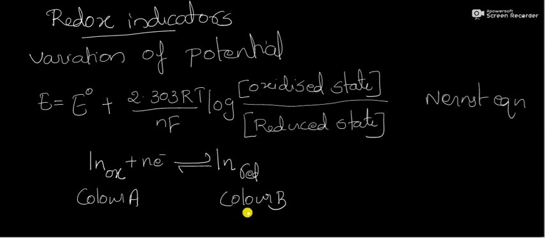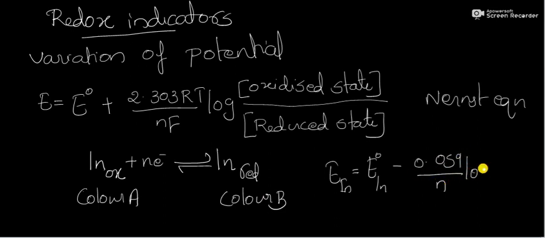Then the potential of the indicator, E_In, equals E0_In minus 0.059 divided by n into log of concentration of reduced form of indicator divided by concentration of oxidized form of indicator.